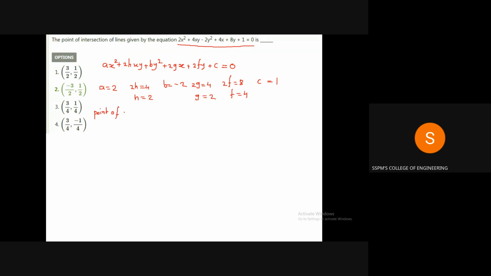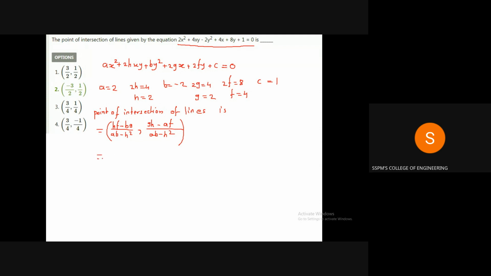The point of intersection of lines is given by this formula: hf minus bg divided by ab minus h square, comma, gh minus af divided by ab minus h square.